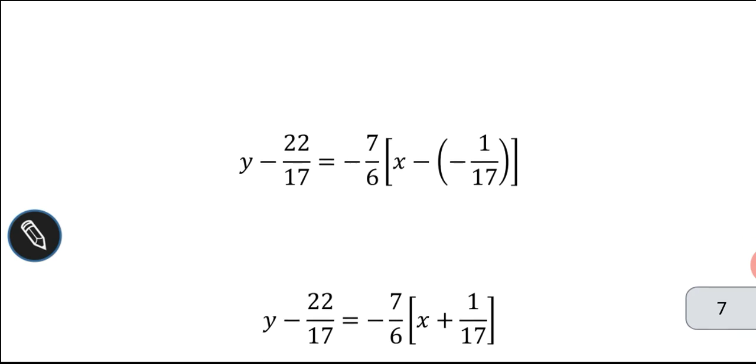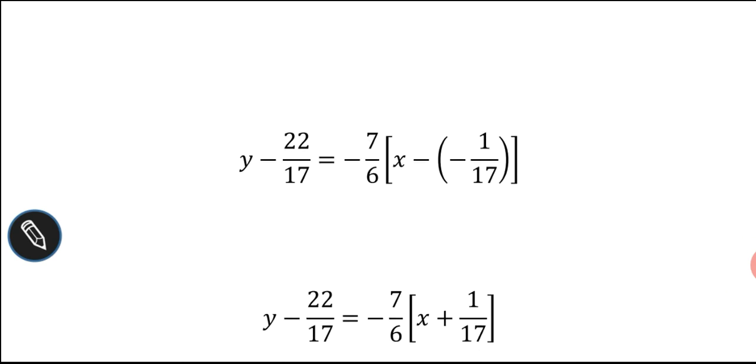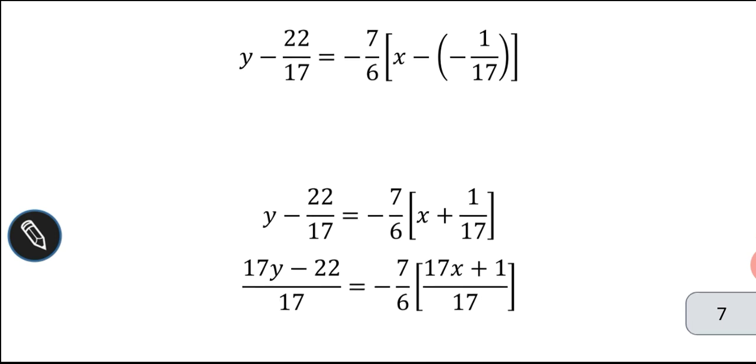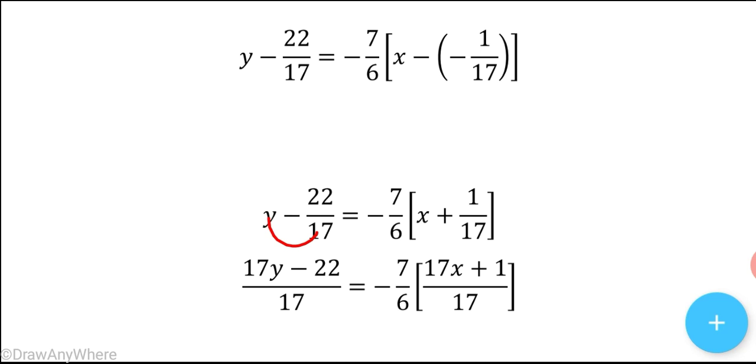Now the equation becomes y minus 22 by 17 equal to minus 7 by 6 into x plus 1 by 17, since minus into minus becomes plus. The next step is to take the LCM. 17 into y gives 17y minus 22, the whole divided by 17.